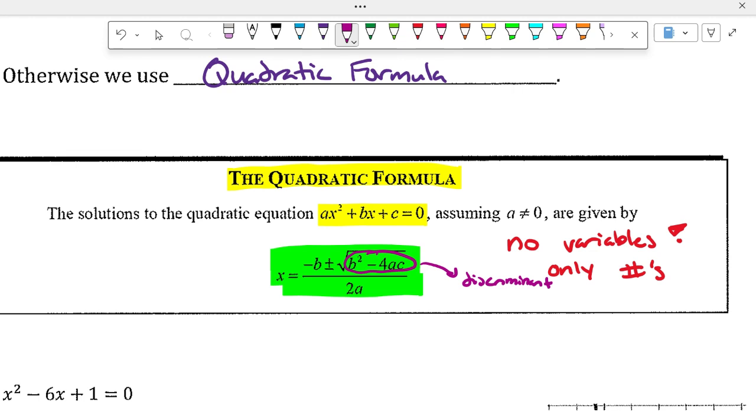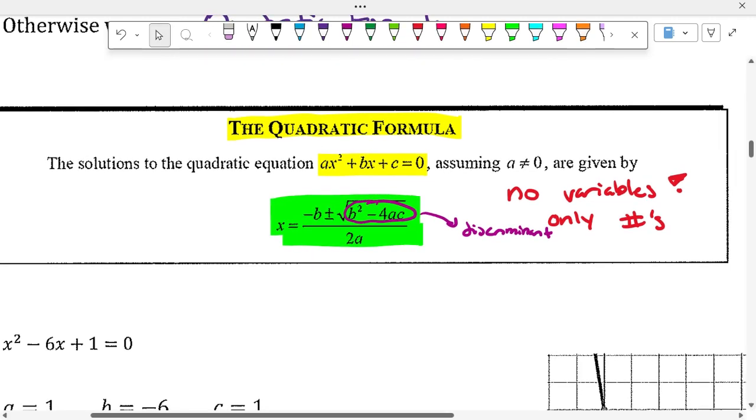All right? Now, there are ways to remember the quadratic formula. There is a song. Lord help, there is a song. There's actually a couple. If you want me to sing it, I will. Oh, Lord. Okay.